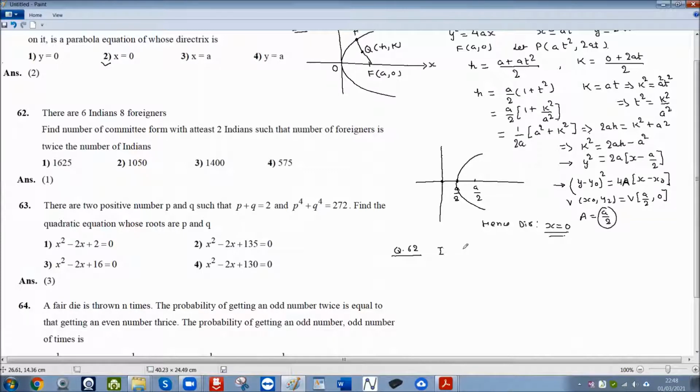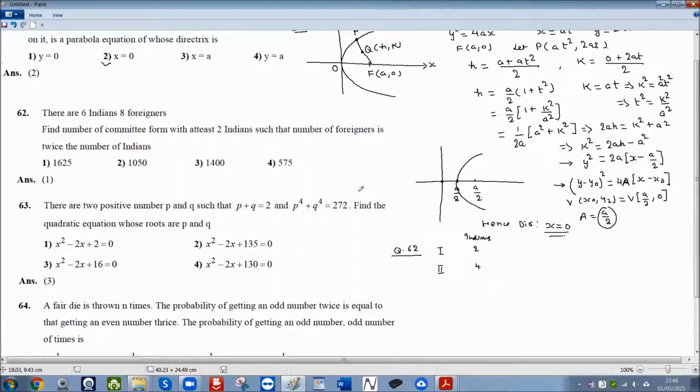So the number of Indians can be 2, 4. We cannot go above 4 because the number of foreigners has to be twice the number of Indians.